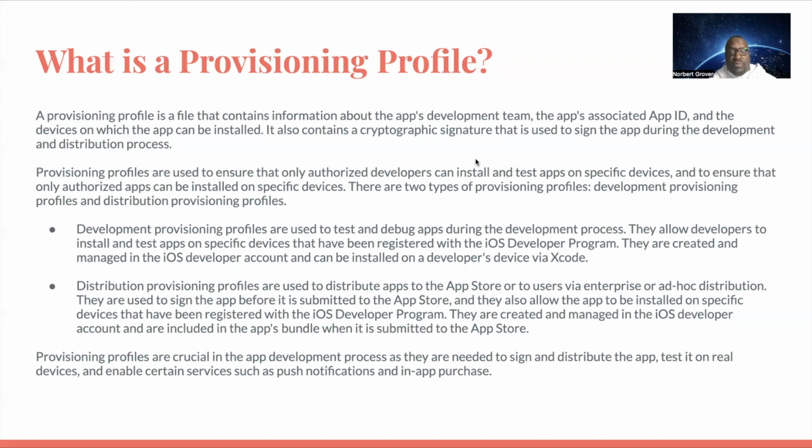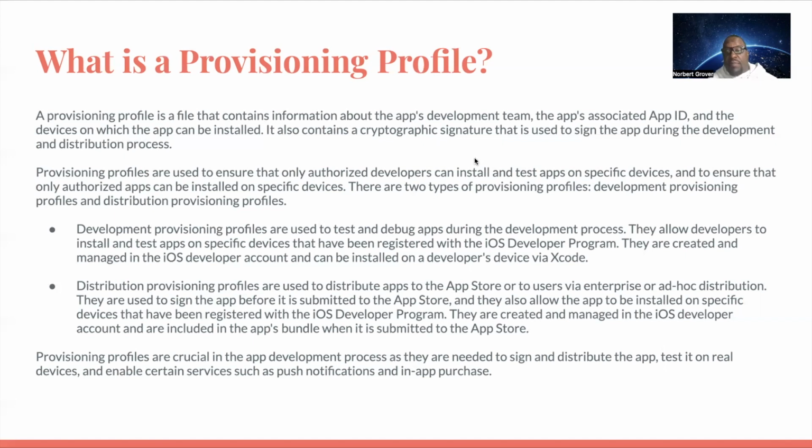Distribution provisioning profiles are used to distribute apps to the App Store or to users via enterprise or ad hoc distribution. They are used to sign the app before it is submitted to the App Store. They also allow the app to be installed on specific devices that have been registered with the iOS developer program.